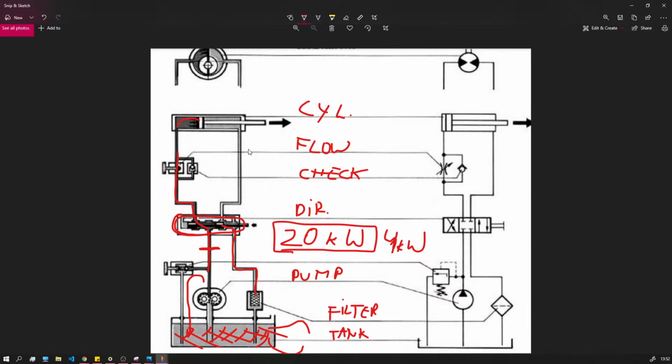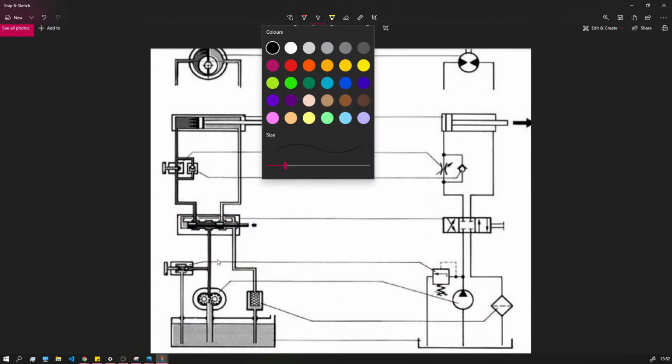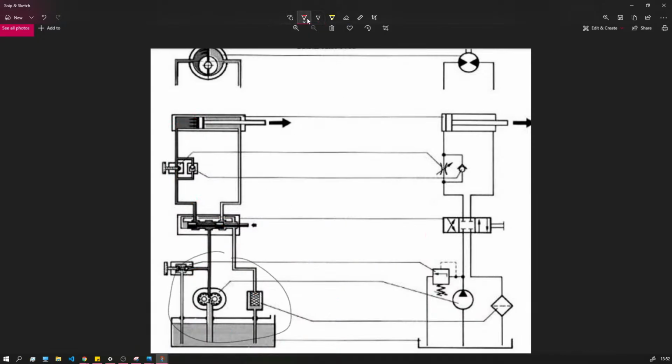Usually, the ideology behind hydraulic systems is that we're trying to keep the production as close to the actuator as possible. The closer the pump to the cylinder, the better the efficiency.